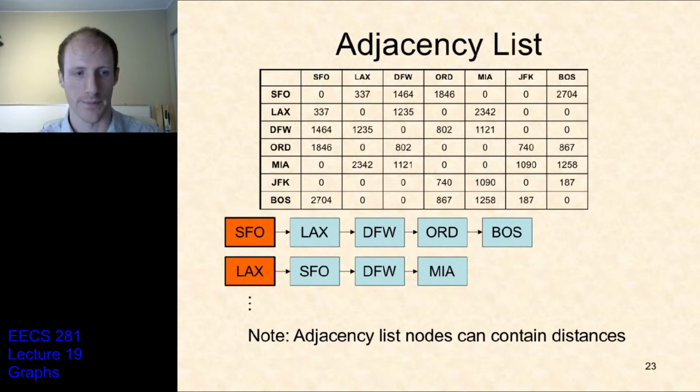So we can have a pair of LAX and the distance to LAX. So we can just have both of those values inside each of the nodes in our list.